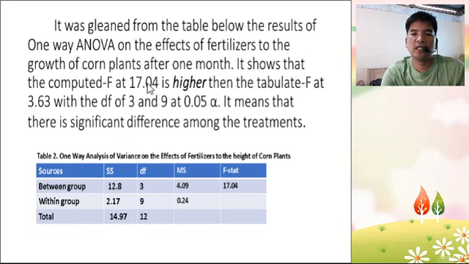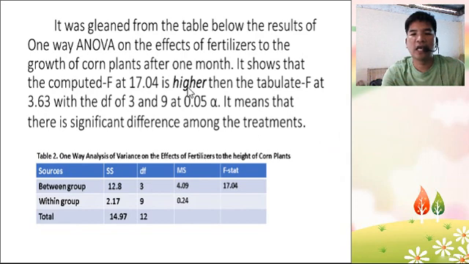So meaning it is higher. The computed F is higher than the tabulated F with the degrees of freedom 3 and 9. So you have to remember this one in your ANOVA, no? 3 and 9 at 0.05 level of significance. So this is the symbol for level of significance. So it means that there is significant difference among the treatments.